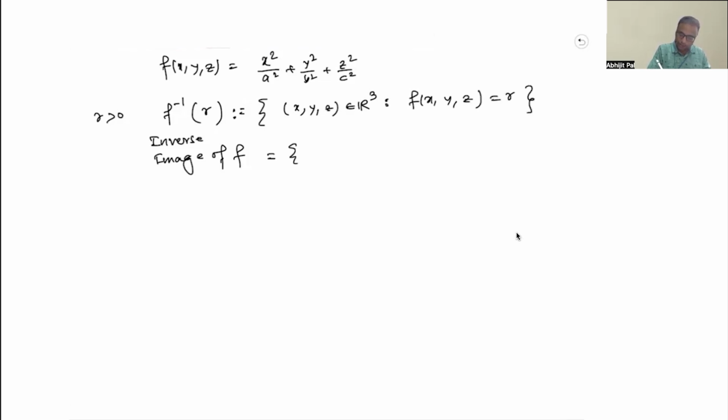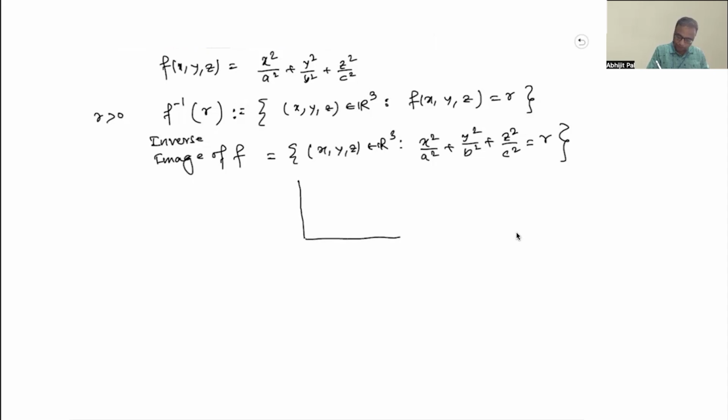And this set is nothing but the set of all (x, y, z) such that x square by a square plus y square by b square plus z square by c square is equal to r. Okay, so this inverse image f inverse of r will be an ellipsoid. So this will be roughly the picture of this.